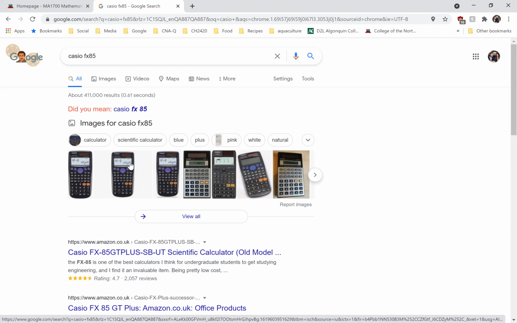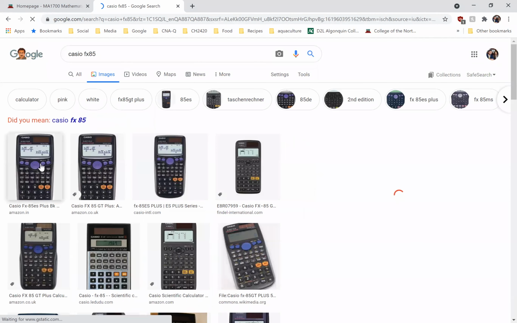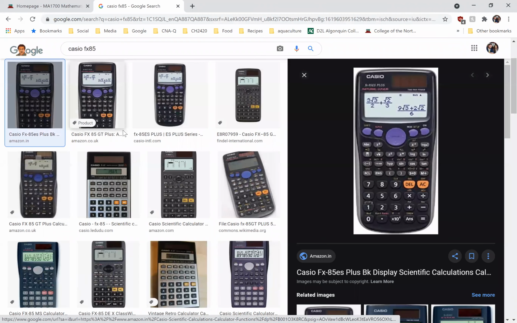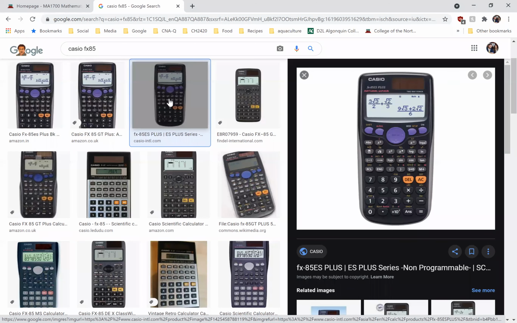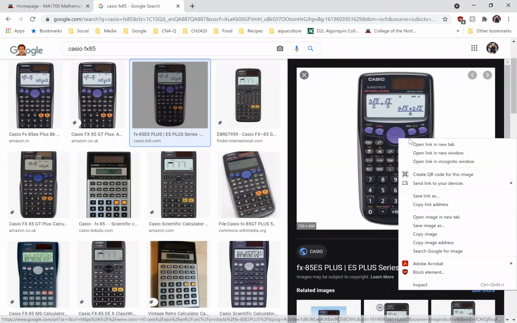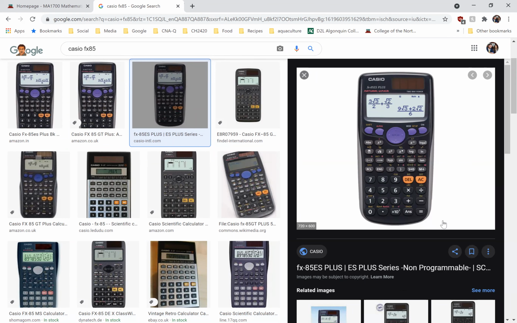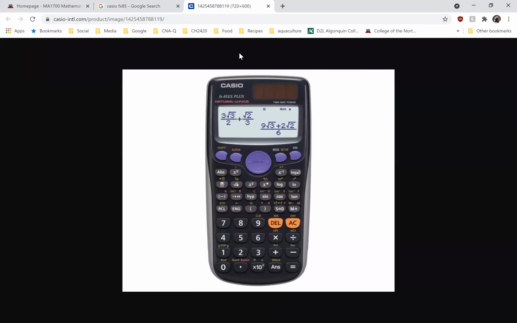I've seen this at Carrefour in Landmark Mall. Some of you guys might live far away, so a Lulu or a Carrefour should have this calculator. It doesn't need to look exactly like this, but it should look something similar. I highly recommend the Casio brand. Let's see if I can find a good quality picture. Oh, this looks good. I'm going to open this in a new tab and show you that exponent button. Okay, so this is the calculator I have.